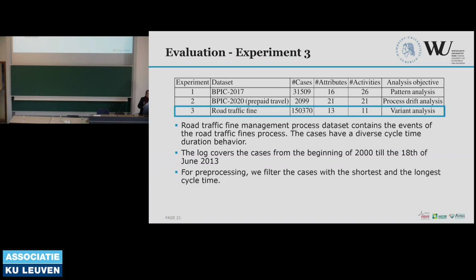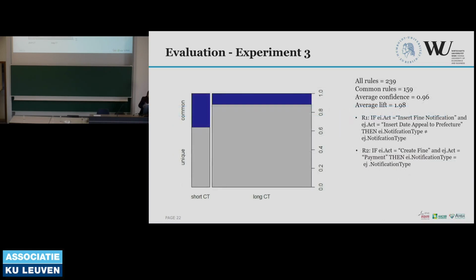So we selected the cases with the shortest time, 10 days to a maximum of 1 month, and the longest cases from 3 years on. And we did a variance analysis over these two partitions, and one of the things we noticed is that most of the activities are executed in the longest cases with different resources and different notification types, like in Rule 1.